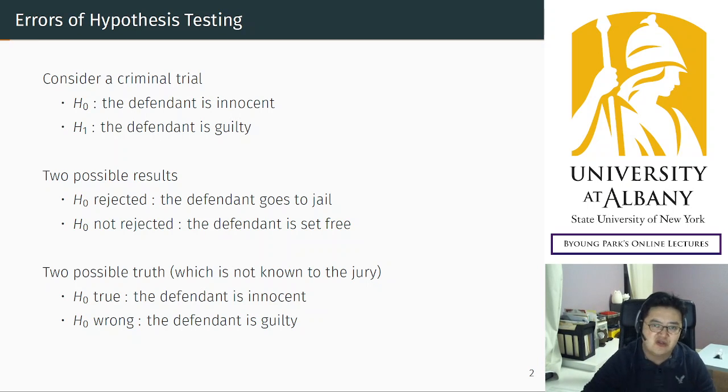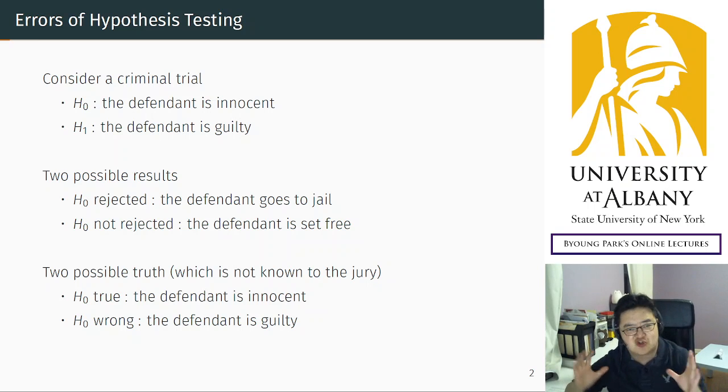That should be the conclusion, right? And the alternative hypothesis is that the defendant is guilty. So only when there is strong evidence of guilt, then you can judge that the defendant is guilty.